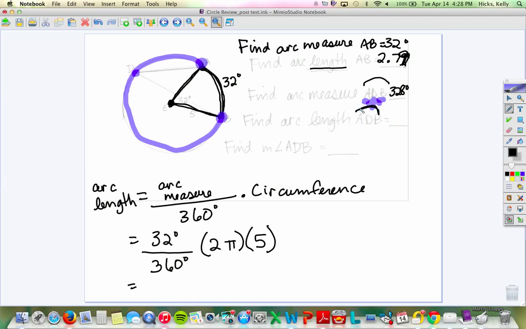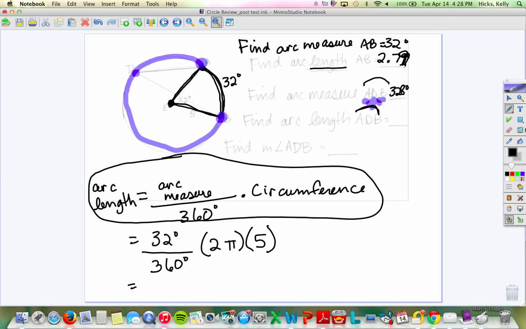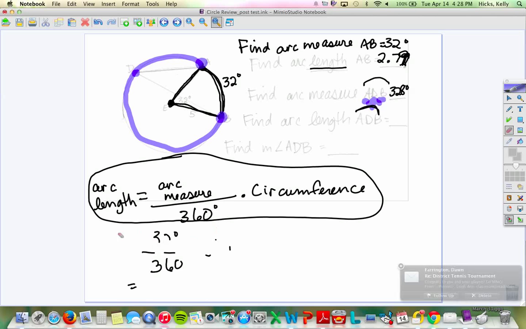Okay, find the arc length of arc ADB. Well, we're just going to use our formula again. We're going to use the same formula right here. I'm going to erase the previous one so that I have some room. All right, let's see.